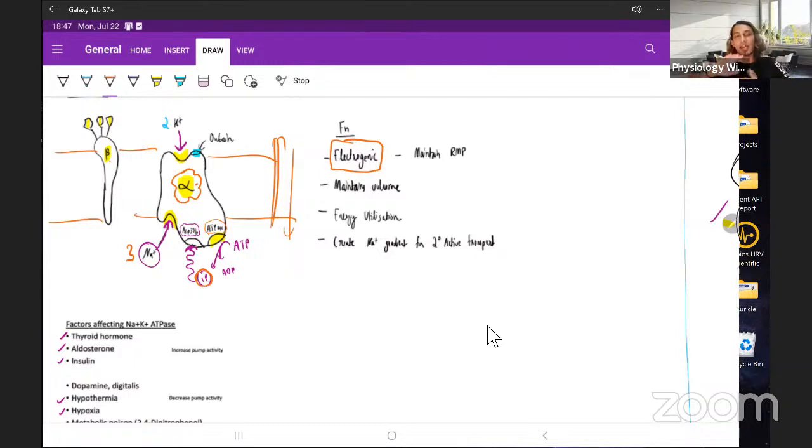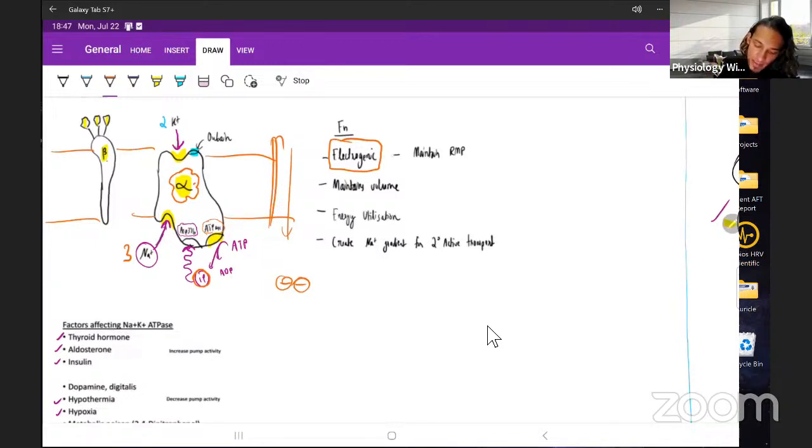So it's as if in net, a negativity is created inside. Because 3 positively charged ions are going outside, 2 positively charged ions are coming in instead, creating a net deficiency of 1 positive ion. And that is one of the reasons why we are able to maintain your RMP.